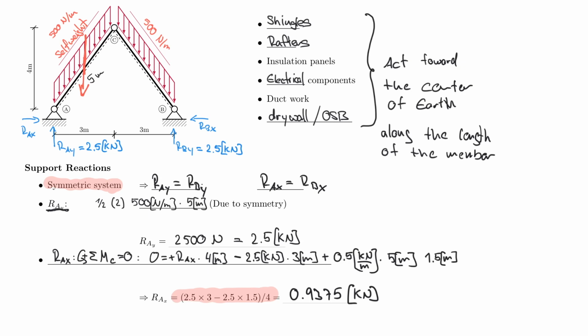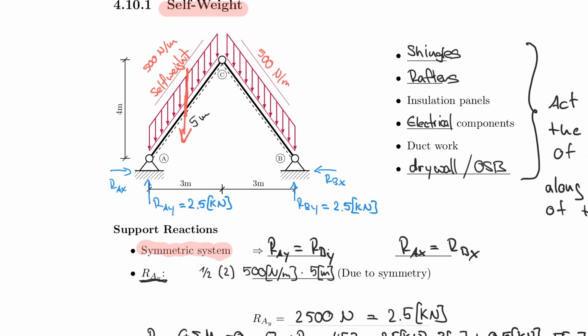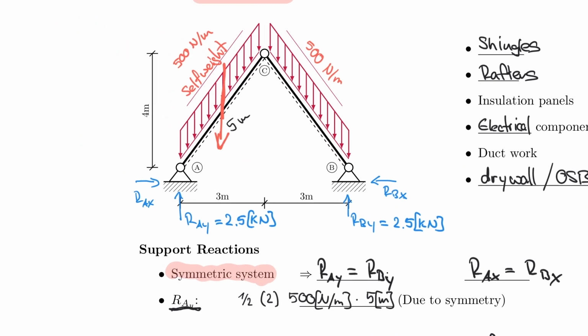It's easier to use these numbers here for this educational example, so that later on we can clearly identify which number belongs where. And due to symmetry, RAX, remember, is also equal to RBX, and now I solved my support reactions. And in fact, I'm going to include that here in my system, so that is 0.9375 kilonewton, and the same is true here, 0.9375 kilonewton.